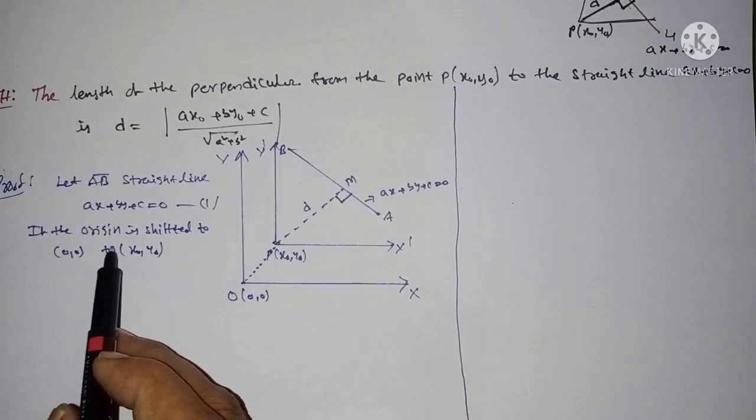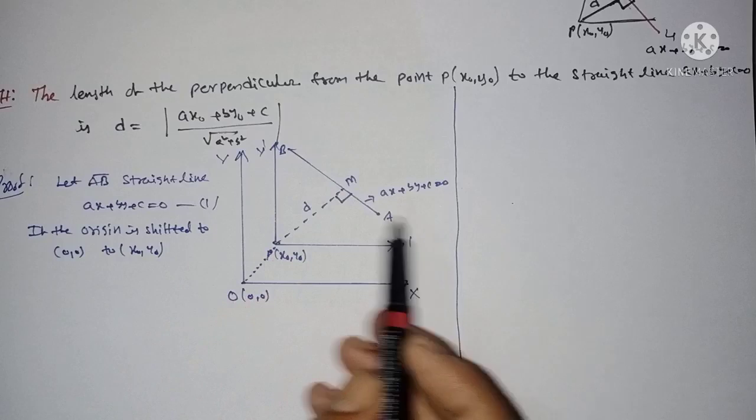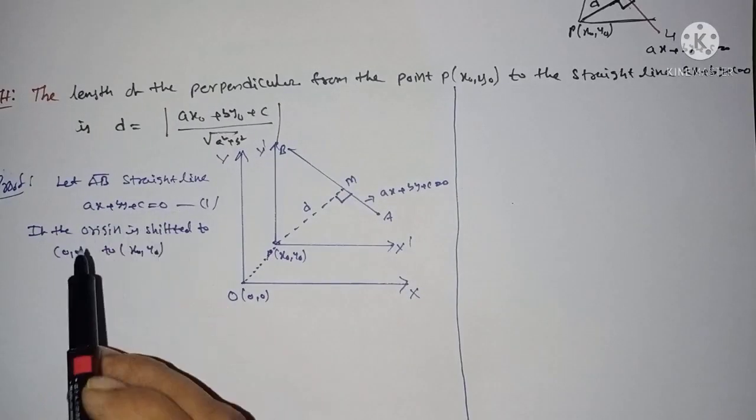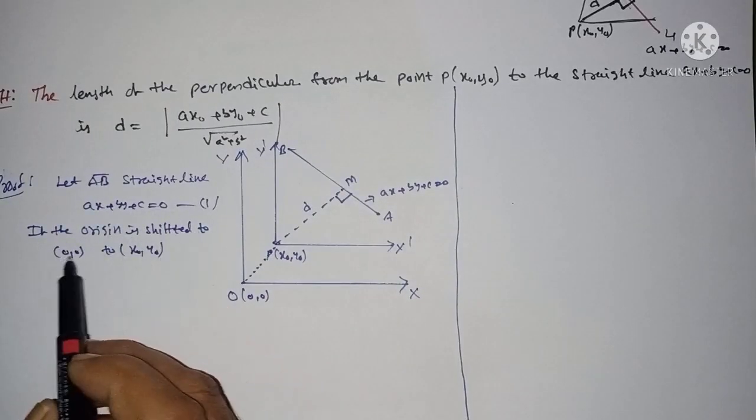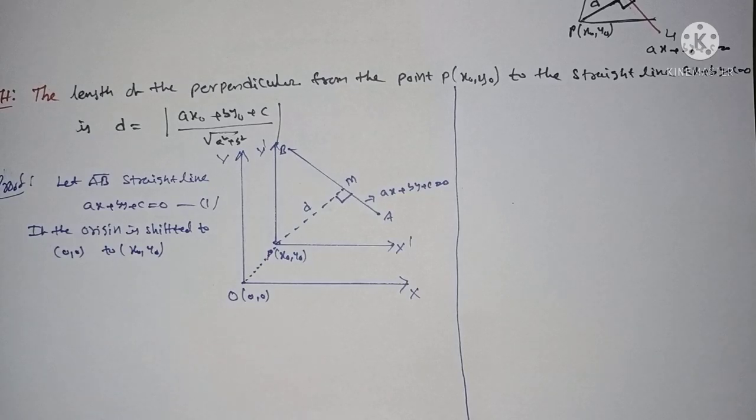Therefore, the origin is shifted. The straight line is ax plus by plus c is equal to 0. The origin is shifted from 0 0 to x naught comma y naught. This is the transformation of the axis. How can you change the axis?